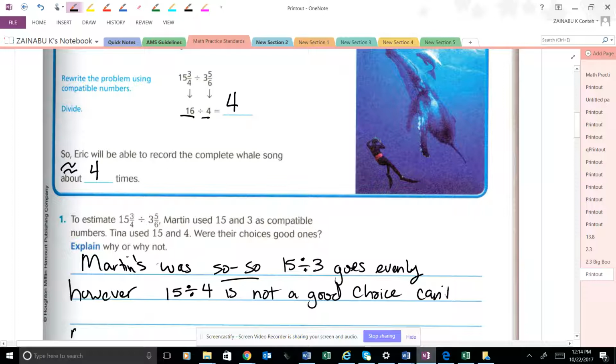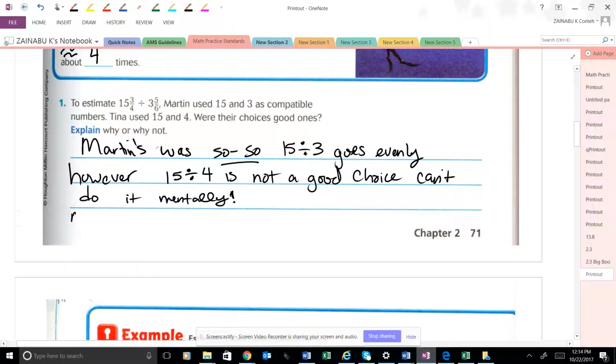You can't do it mentally. And this is really what today is all about. Today's a really good day for us to strengthen our mental math skills, to be comfortable and get more familiar with our number sense. Looking at compatible numbers really just means numbers that are easy to compute.